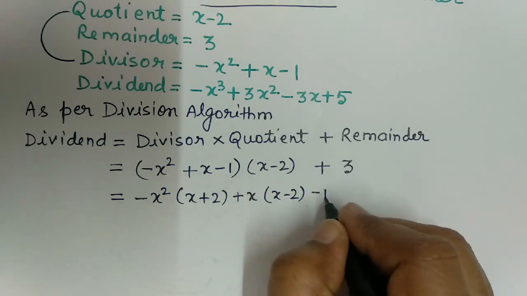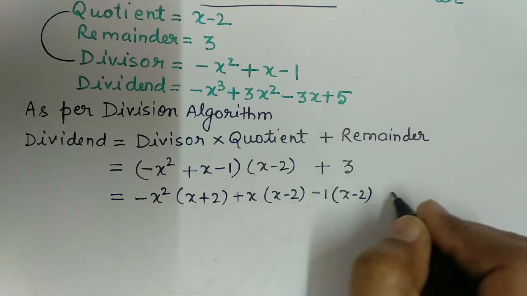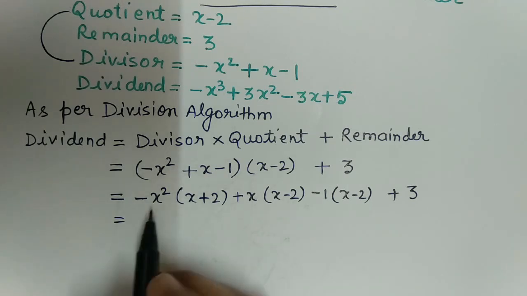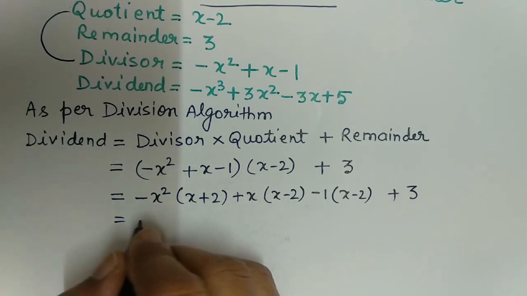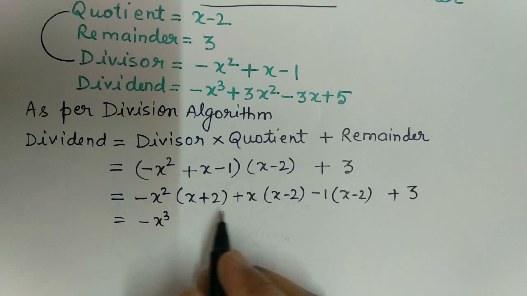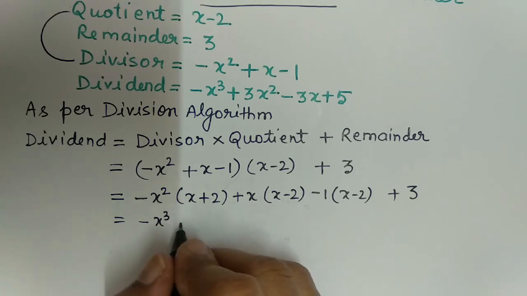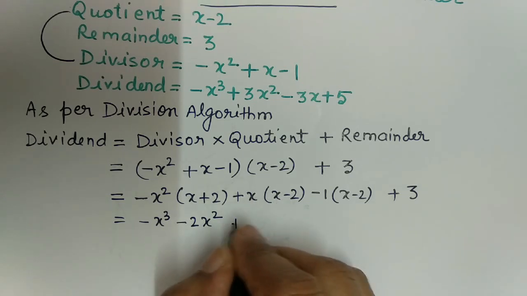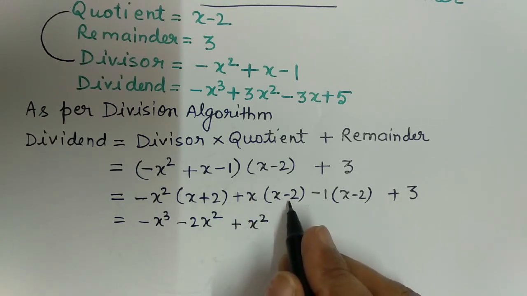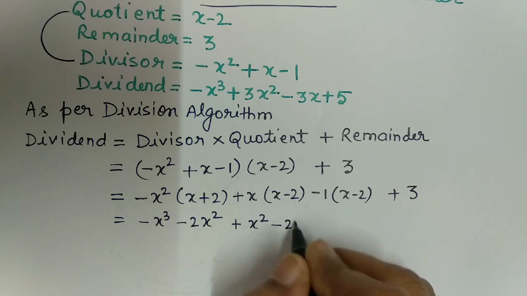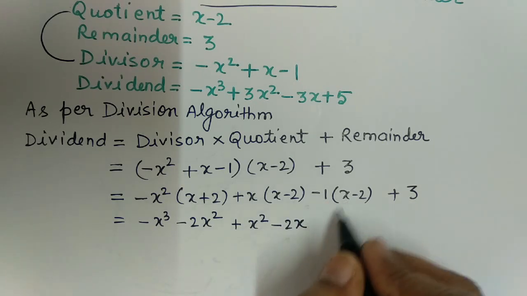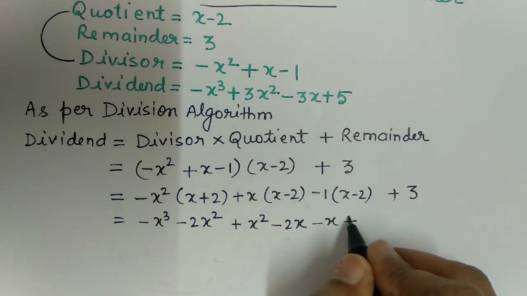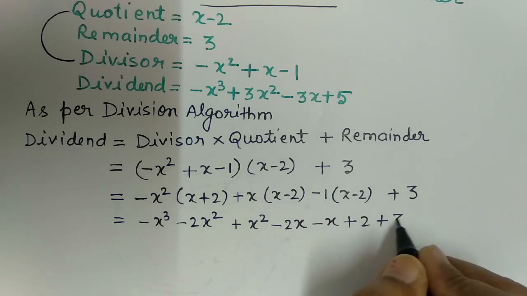So I write minus 1 into x minus 2, and it was plus 3. Now multiply minus x square into x, you will get minus x cube. Then multiply 2 with minus x square, so you will get minus 2x square. Multiply x into x, you will get x square. Multiply with minus 2, you will get minus 2x. Now multiply minus 1 into x, you will get minus x. Minus into minus is plus 2, and it is plus 3.